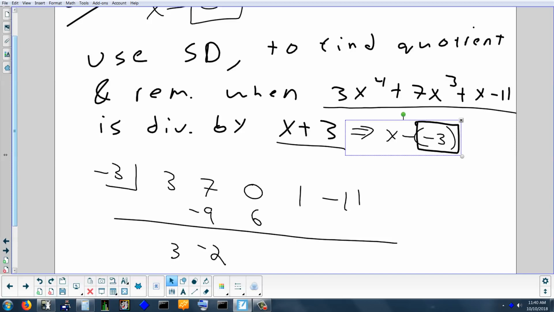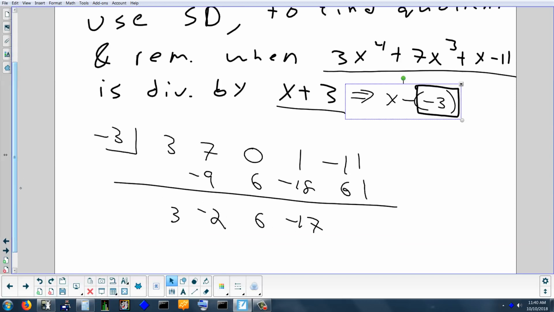Multiply, add. Multiply, add. Multiply, what's that, 61? And then add. What's -11 plus 61?